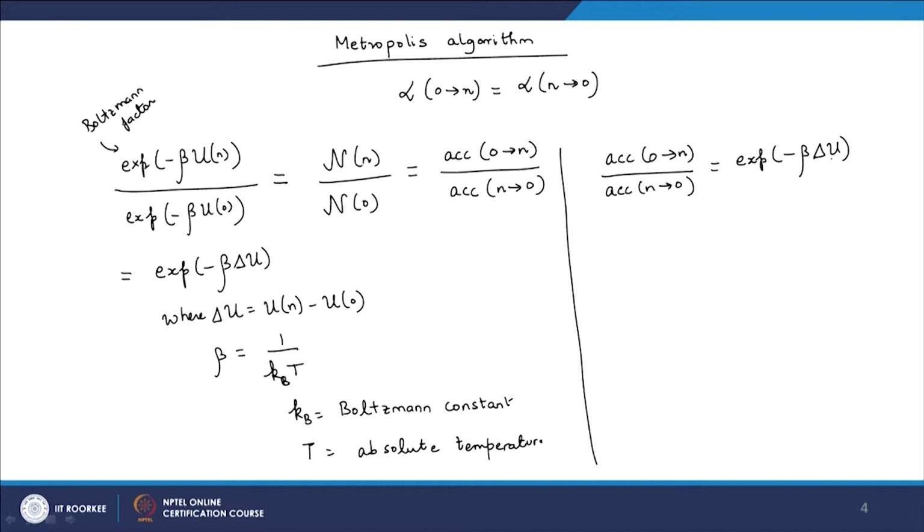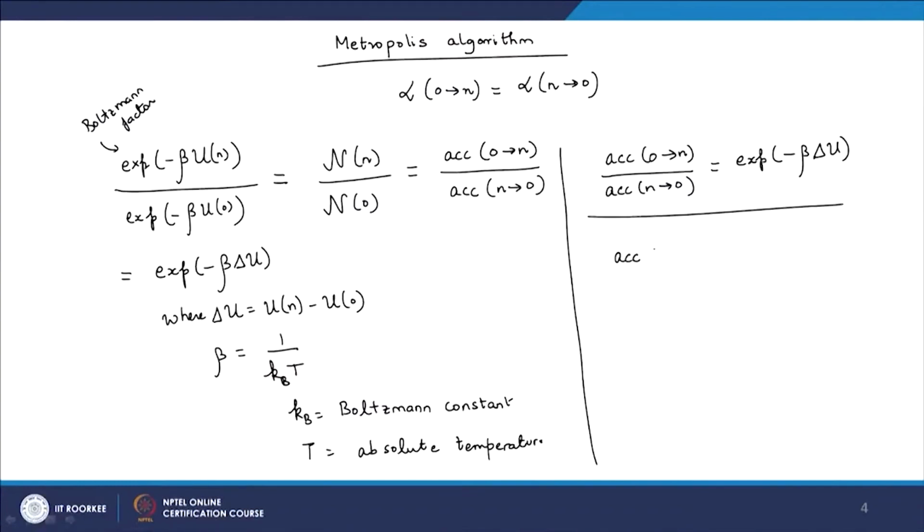Of course, if I go from new to old, I will have energy change of minus delta u. Again, I can have some flexibility in terms of how exactly I am going to choose acceptance probabilities themselves, but this particular ratio must satisfy this particular relation that we have got from the detailed balance condition.